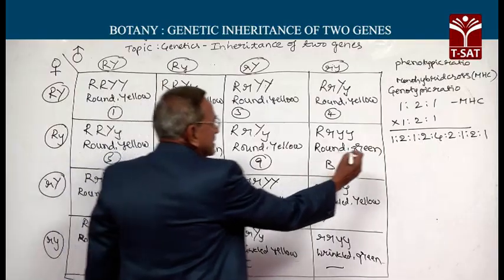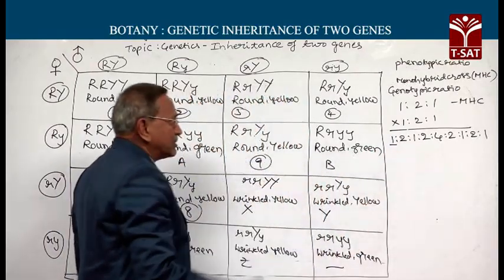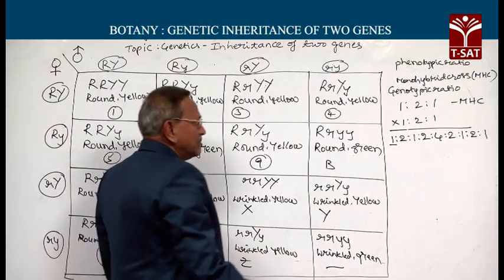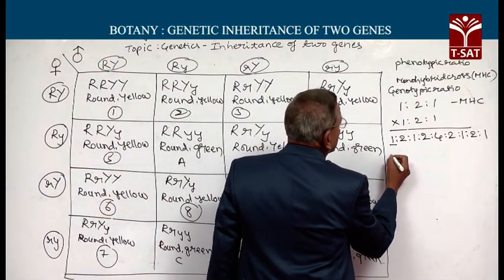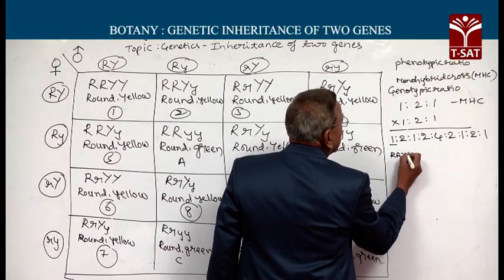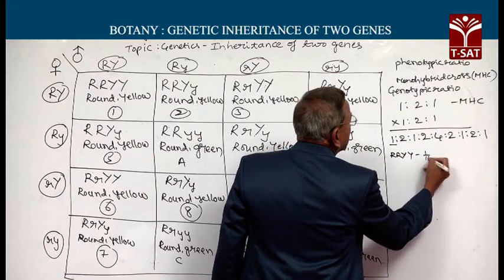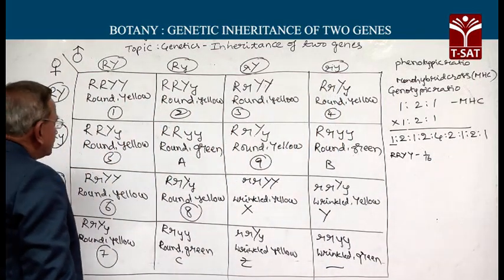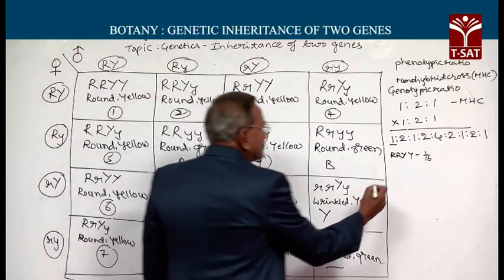Which one is represented by 1 out of 16 ratios? This is the one represented by 1 out of 16 ratios. So capital R, capital R, capital Y, capital Y is represented by 1 out of 16.